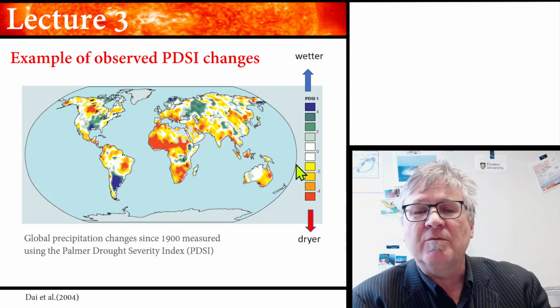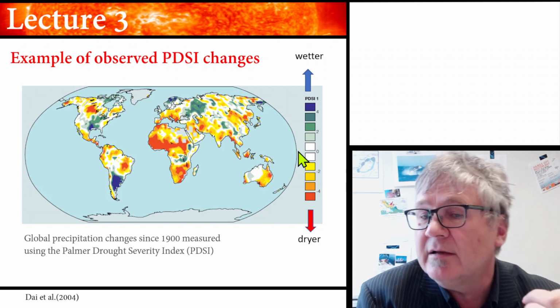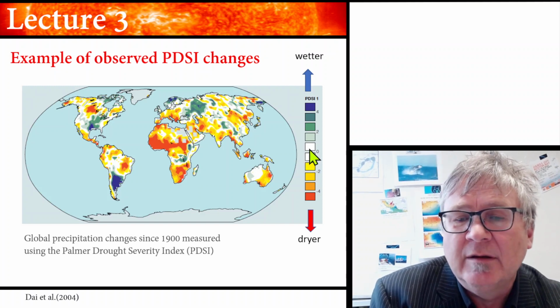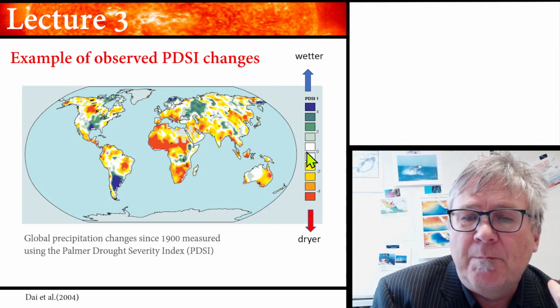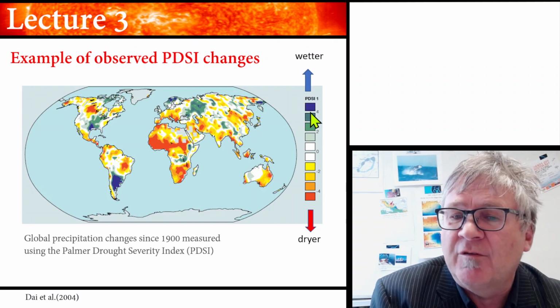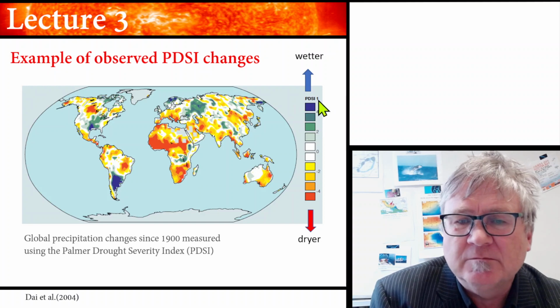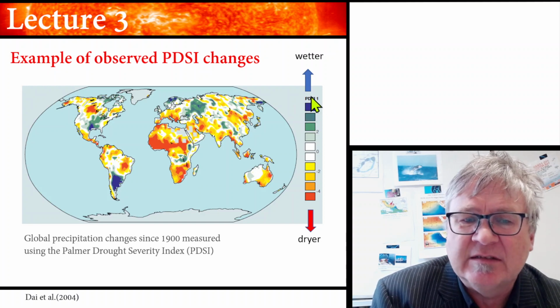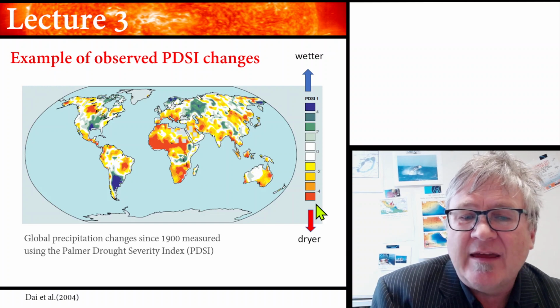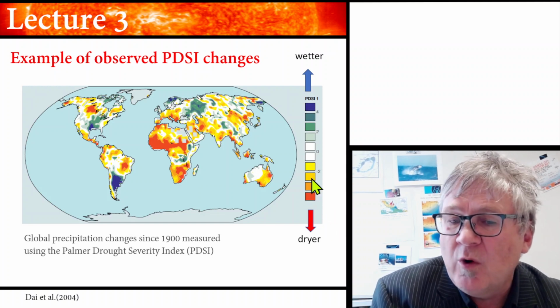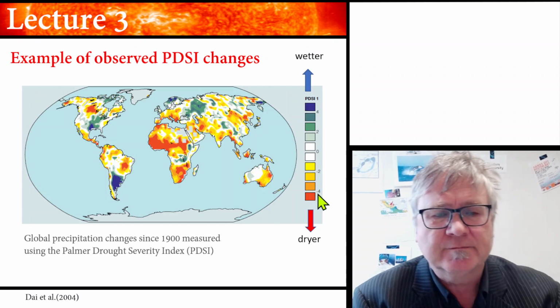Okay, and you can see regions where there has been no change are marked in white, and where you have the biggest changes in terms of getting wetter, up to a unit of 4 in terms of this index, is there in blue, and drier you can see in red and orange.